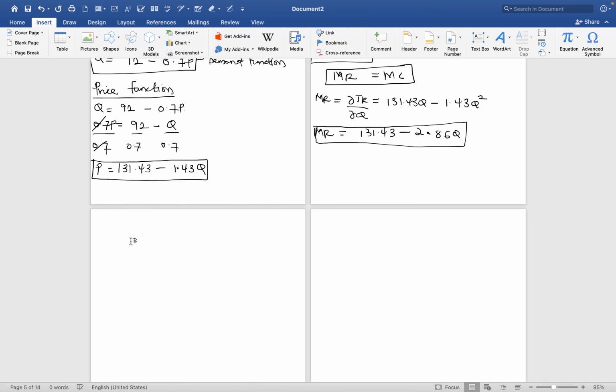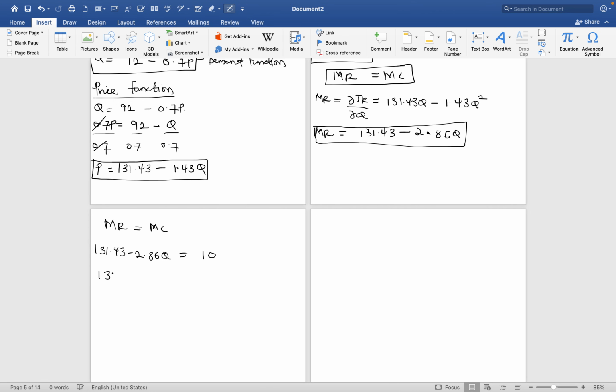So now, MR is equal to MC. So for MR we have 131.43 minus 2.86Q, which is equal to marginal cost, which was 10.